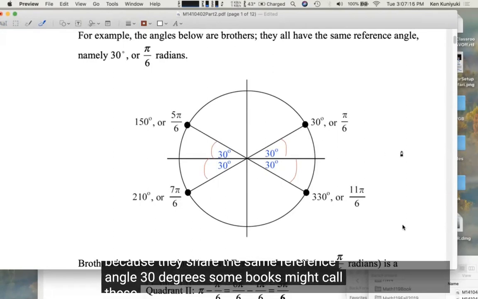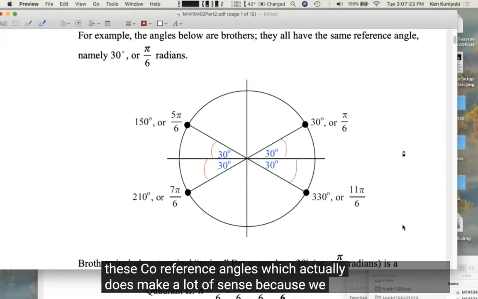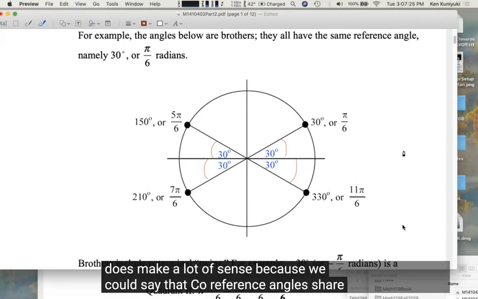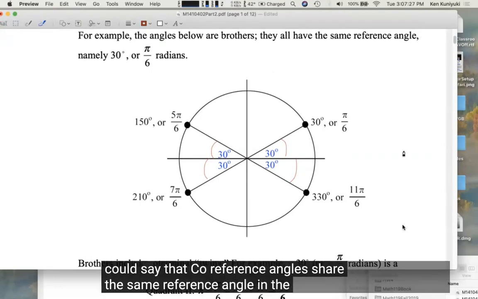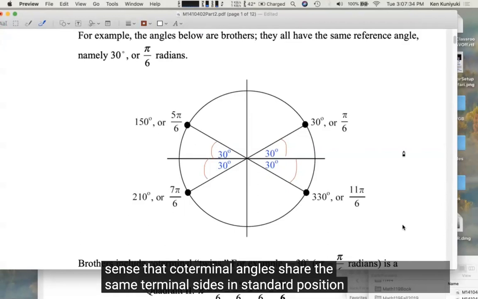Some books might call these co-reference angles, which actually does make a lot of sense, because co-reference angles share the same reference angle in the same sense that coterminal angles share the same terminal sides in standard position.